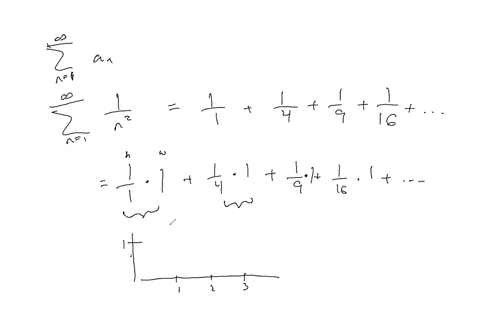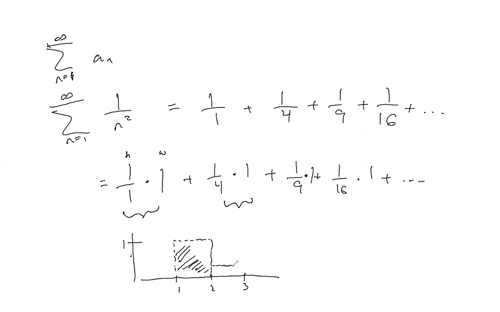Let's look at this first rectangle. It's got height 1, width 1. Let's say it's starting here. So this first term would be the area of this rectangle, right? And what about this second term? Well, that would be the area of a rectangle with height 1/4, width 1.